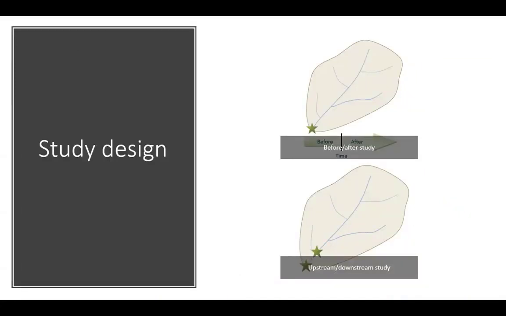When we're looking at designing our study, we can look at a number of different ways to evaluate the data. For instance, we can look at a before and after. Here you're just looking at the outfall, for instance, the outfall of the Red Cedar in Lake Michigan.